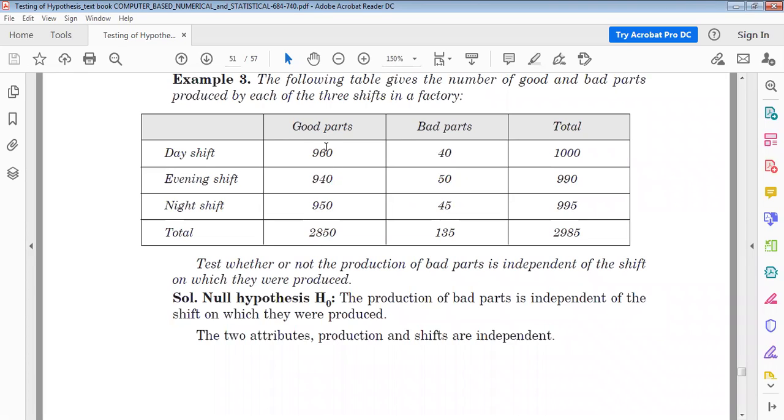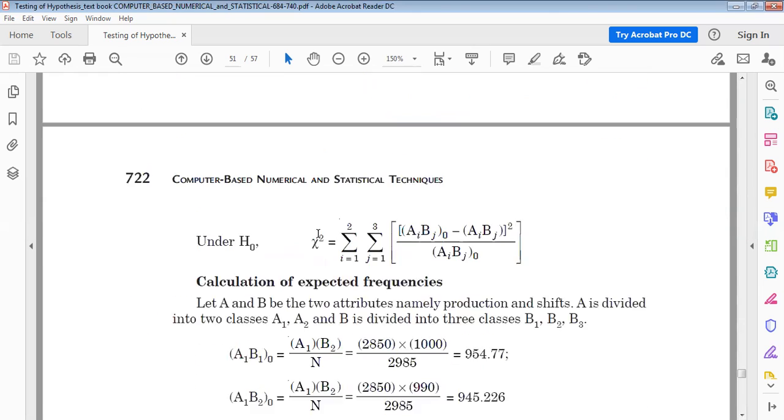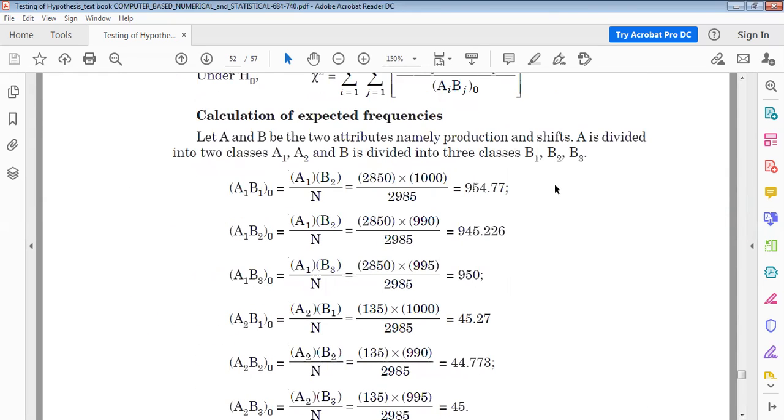How can we calculate it? The expected value will be the row total multiplied by the column total, divided by the grand total. This total multiplied by this total, divided by the whole total. You can use the formula to calculate this.